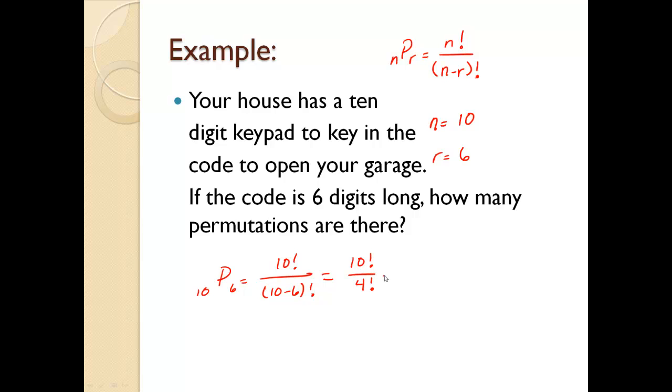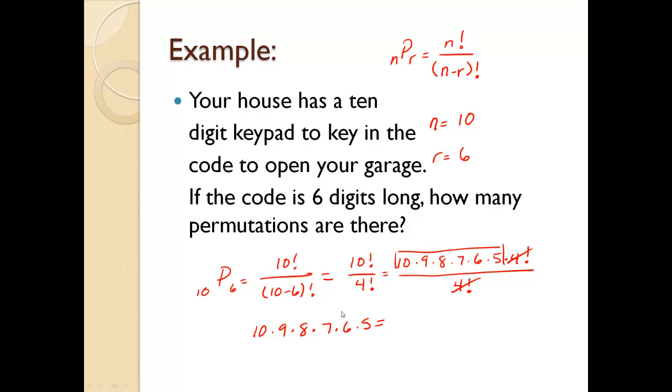Now when you divide like this, you do 10 times 9 times 8 times 7 times 6 times 5 and stop there because that is our number on the bottom, right? And then we can cancel those out, which is going to leave you with that. This is where the calculator comes in extremely handy.